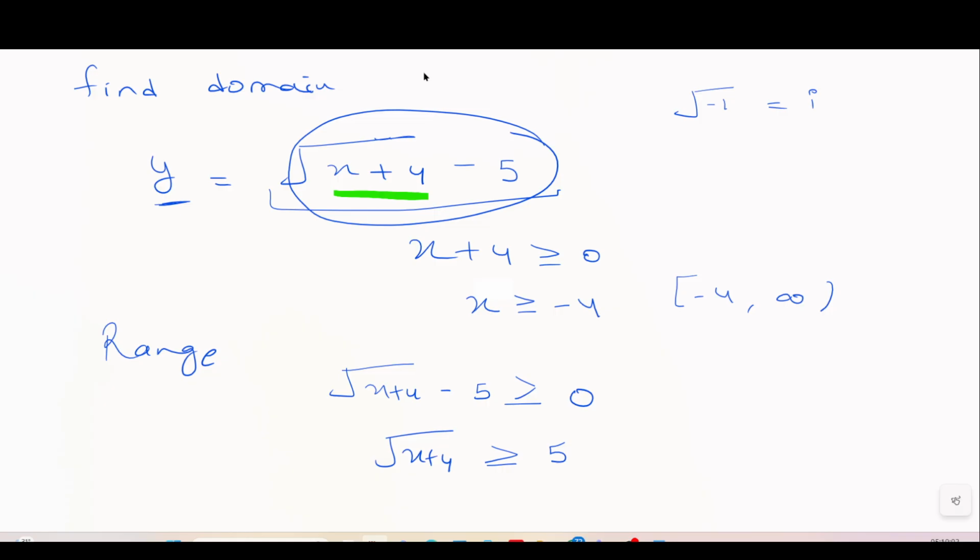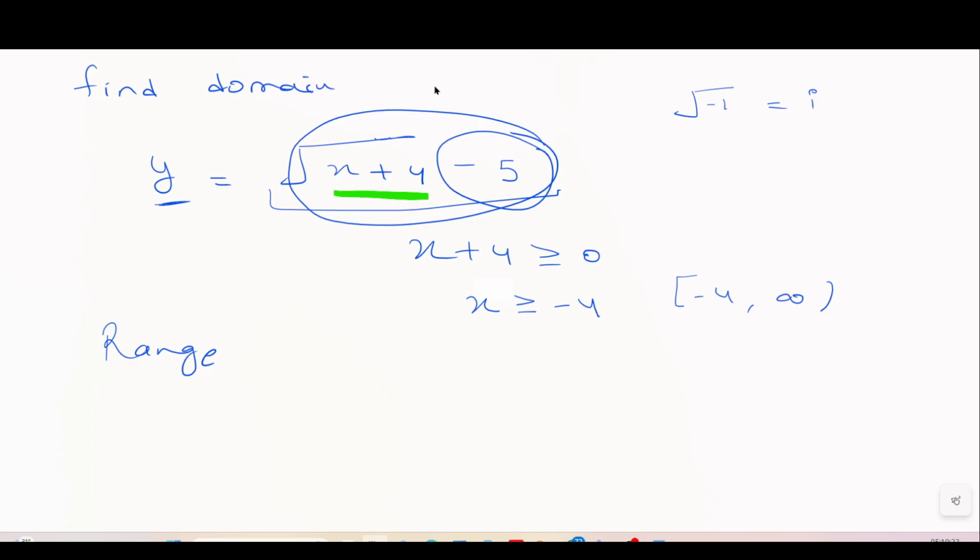No, no. The smallest possible value here for x we have is negative 4. Okay, you don't need to do this whole thing. Just look at the value other than the square root, negative 5.